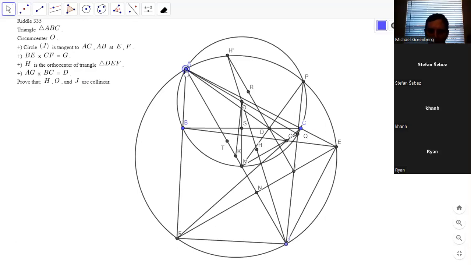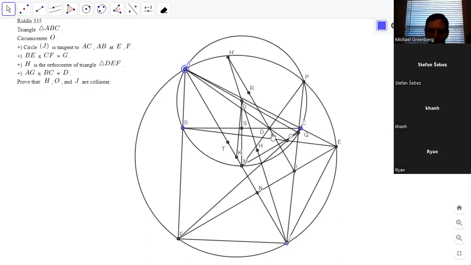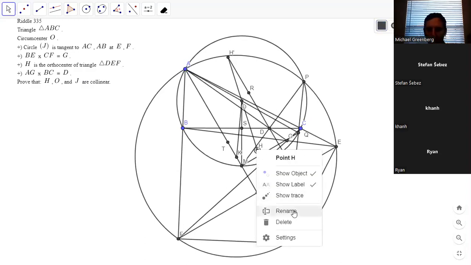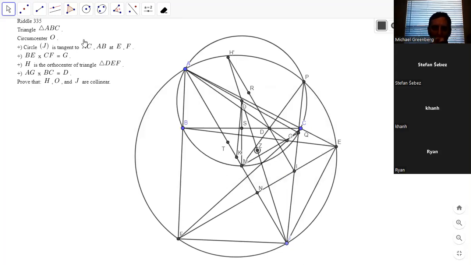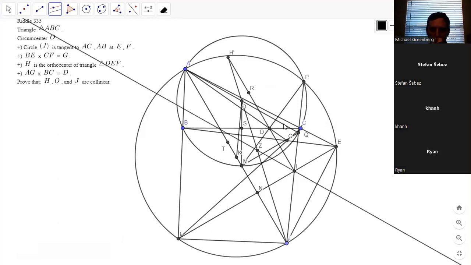So yeah, I shouldn't call. So basically, let's see what's a letter. Just call it Z. I wonder if ZI is parallel to AQ. Yes, and I think it's equivalent.